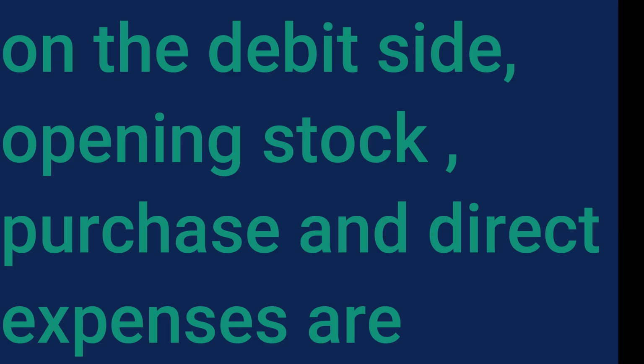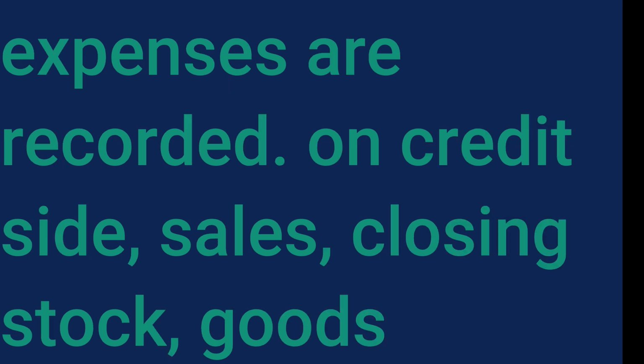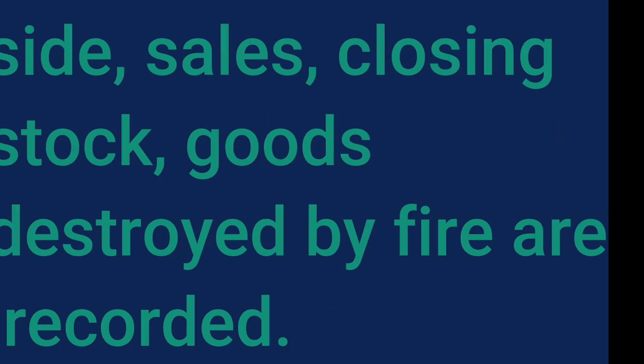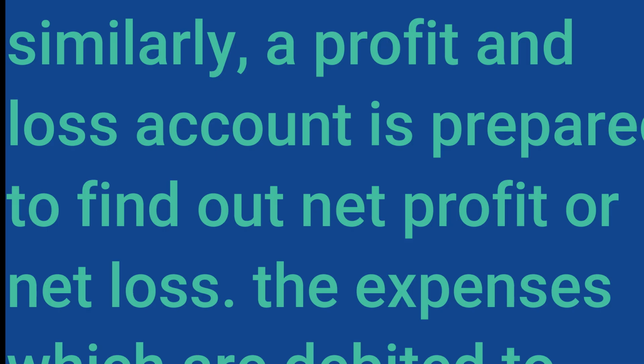On the debit side of the trading account, opening stock, purchases, and direct expenses are recorded. On the credit side, sales, closing stock, and goods destroyed by fire are usually recorded. The difference of the trading account is gross profit or gross loss, as I already mentioned.